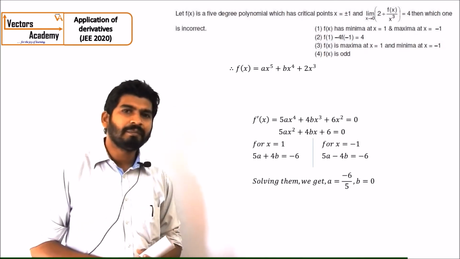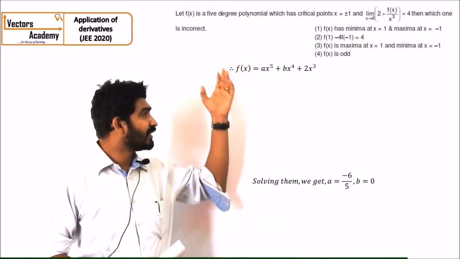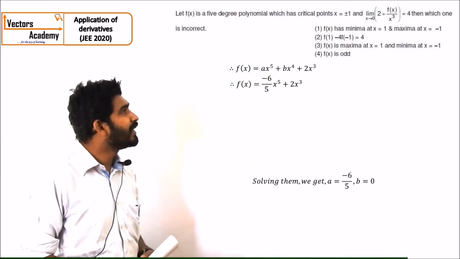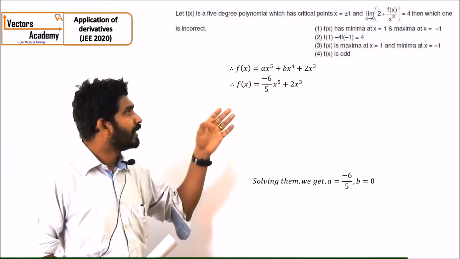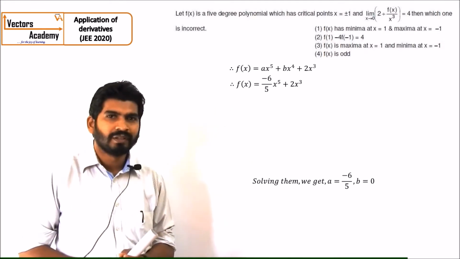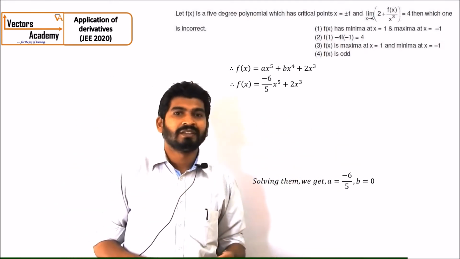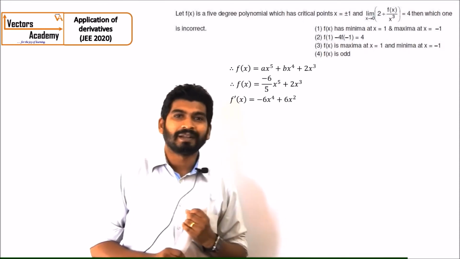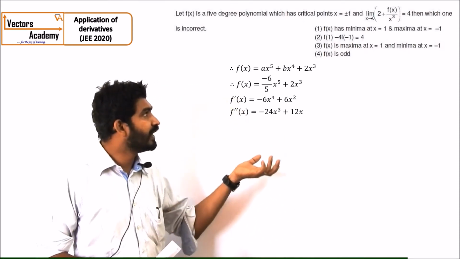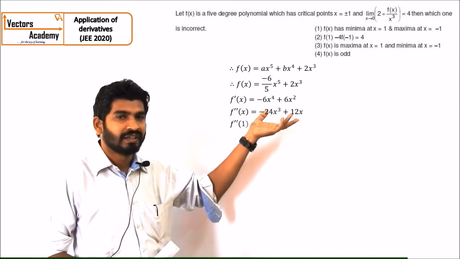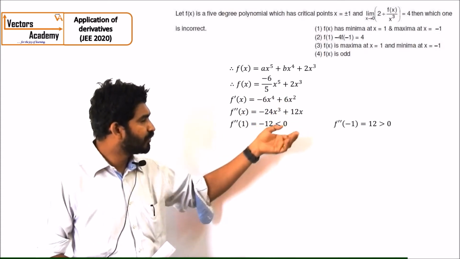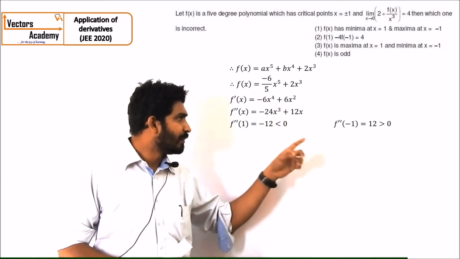Once I get a, b and c, all the coefficients, I can state that the polynomial is minus 6 by 5 x raised to 5 plus 2x cube. Now once we know f of x, you know how to find the maxima and the minima, right? We have to differentiate it twice. Once we differentiate it twice, we'll substitute the value of x as 1 and minus 1.